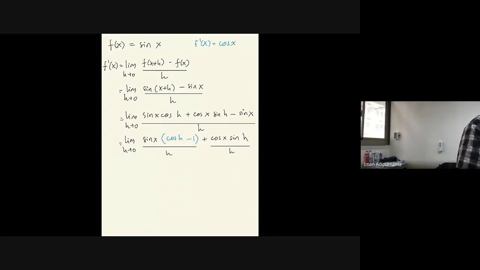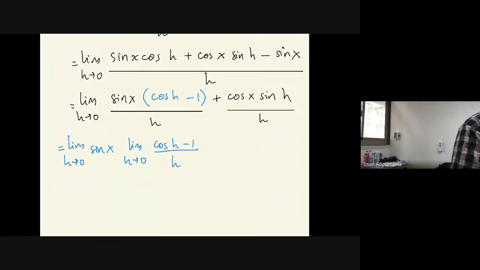Okay. I'm not sure I already gave the explanation to you or not, but anyone know this limit? You have cos h minus 1 over h, limit as h approaching 0.